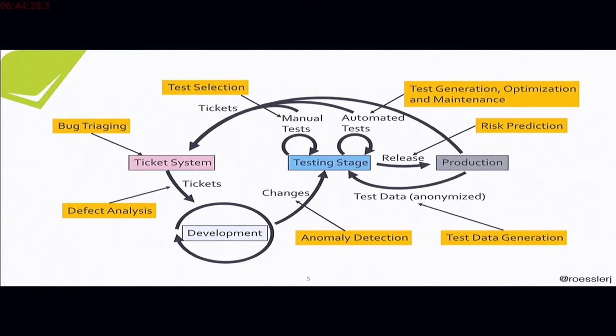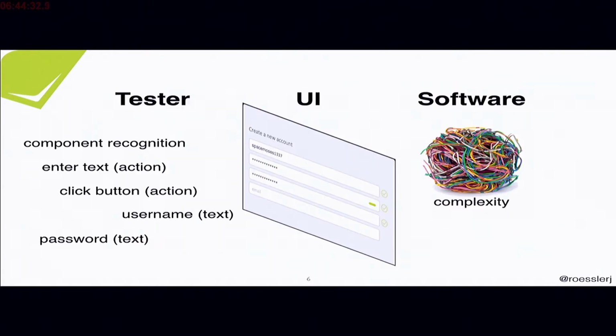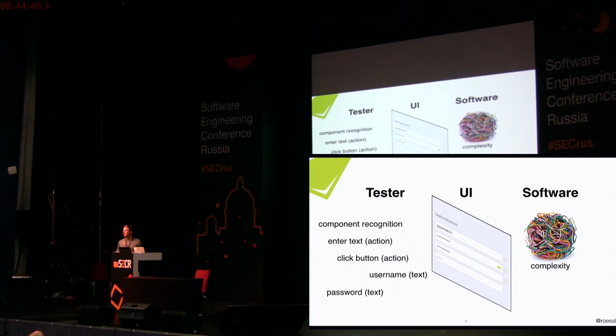So all of these cases are very valid and very interesting, but for this talk, I'm now going to focus on test generation, optimization, and maintenance. And this is very, very straightforward. If you ask a developer what testing looks like, he paints a picture like that. So he says, okay, all the complexity is inside of the software. And the task of the tester is quite simple, actually.